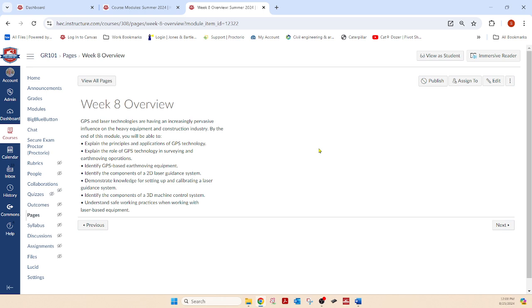So I have an in-depth look at how it's done, starting with the satellites, who owns them, how many there are, how many you need to have accurate readings, and triangulation, things like that. That's what the module starts out with.